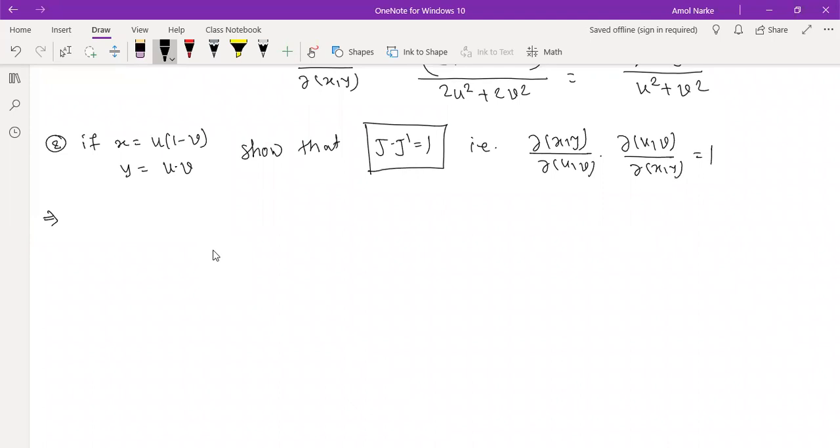Here x is a function of u and v, and y is a function of u and v. So this value is easy to calculate. Tell me what that value is. First we find the Jacobian of x and y with respect to u and v.